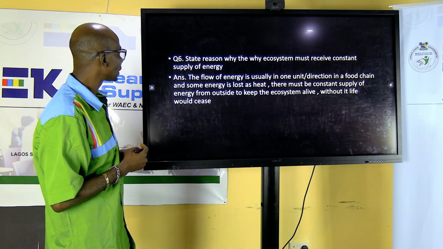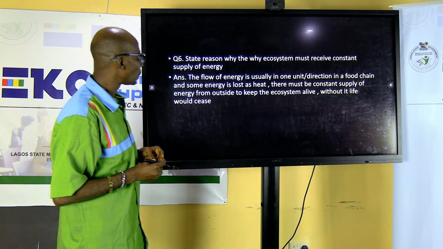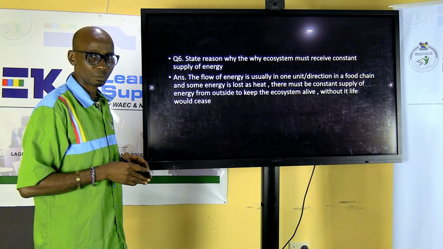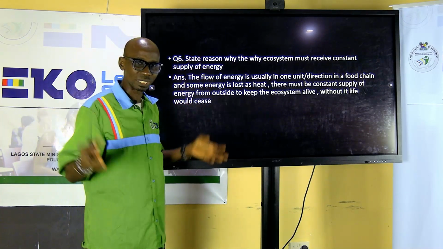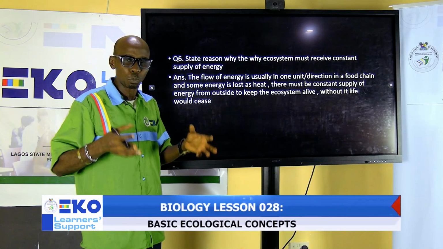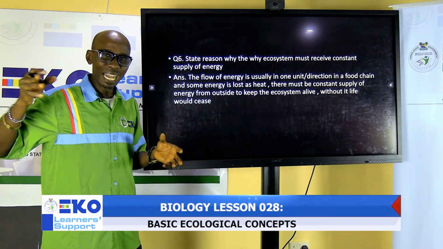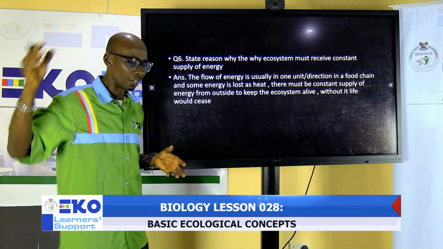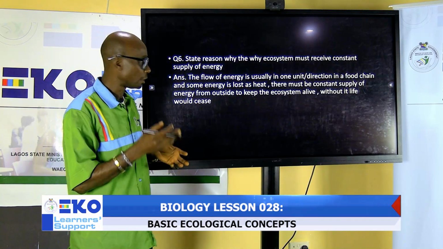The last question is, state the reason why an ecosystem must receive a constant supply of energy. Why does it have to receive energy? Remember, I told you, the ecosystem is a supporting unit that continuously develops itself.